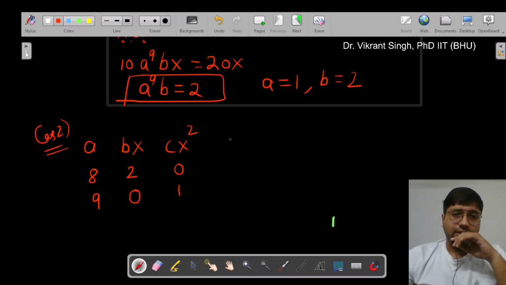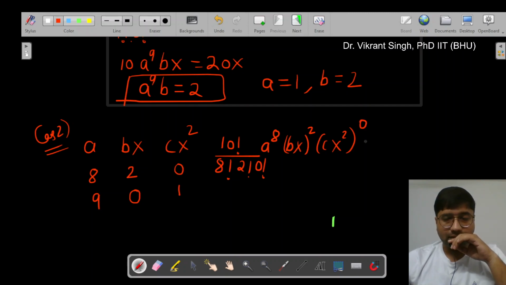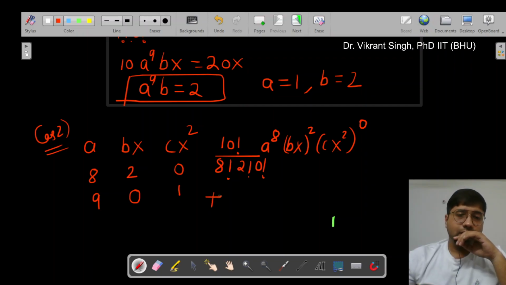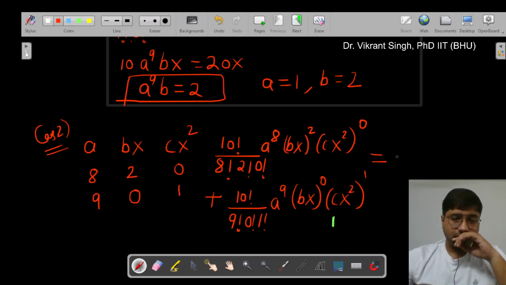So we will write the coefficient by using the multinomial theorem, that is 10 factorial upon 8 factorial upon 2 factorial upon 0 factorial, a to the power 8, bx whole square and cx square to the power 0, then plus 10 factorial upon 9 factorial upon 0 factorial upon 1 factorial, a to the power 9, bx whole power 0, cx square whole power 1, and this summation is equal to p2 x square, and p2 is 210, right?